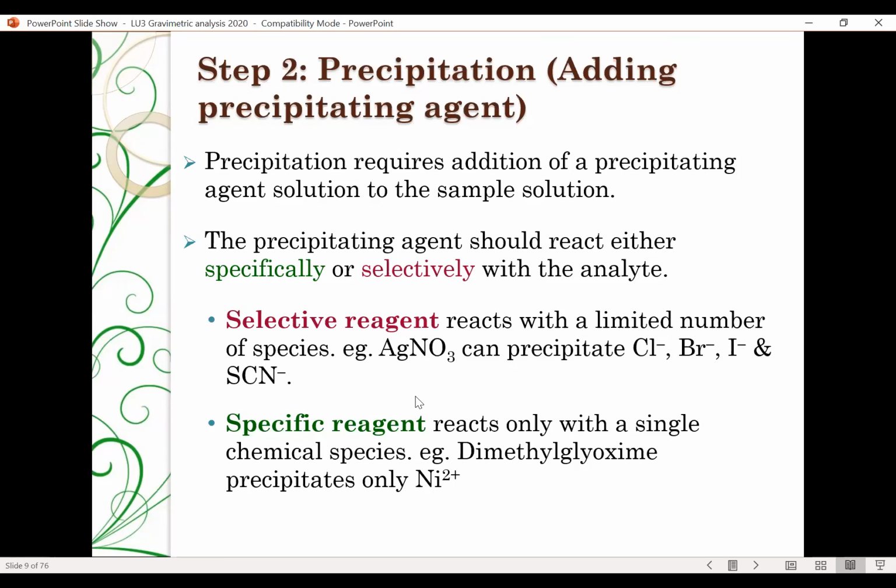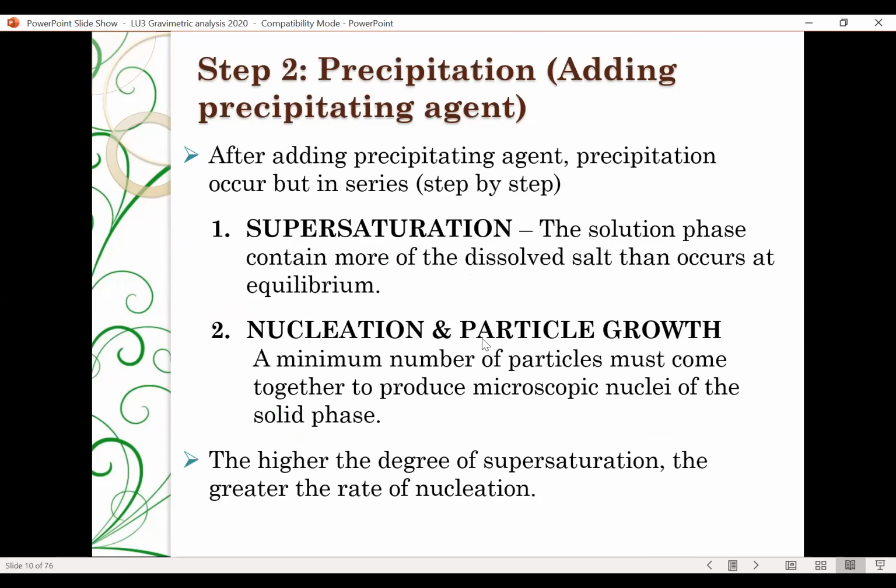It's important. All right. After adding precipitating agent, precipitation occurs in steps, okay, in series, meaning to say that it's not happening all at once. Once you add the precipitating reagent, it doesn't happen at the same time. It happens in series, or what we call it step by step.